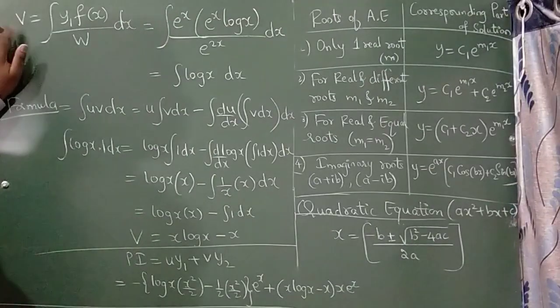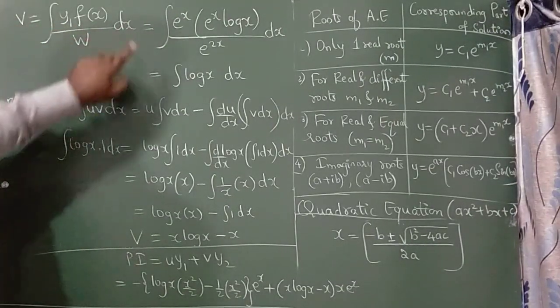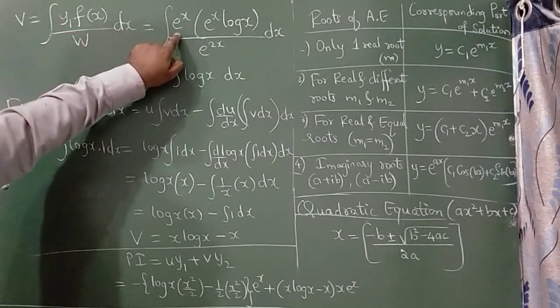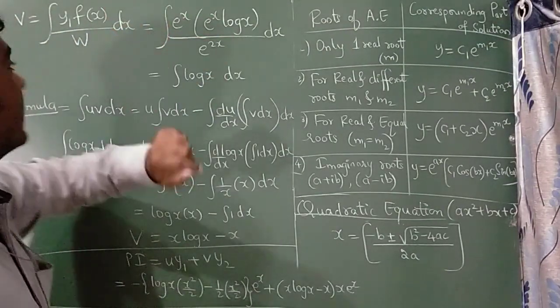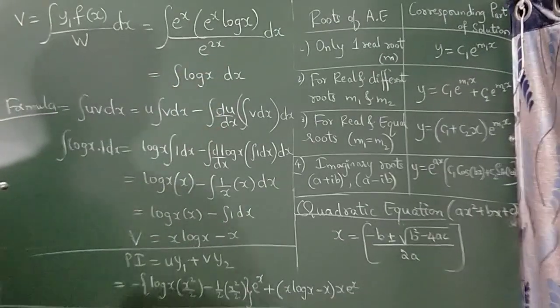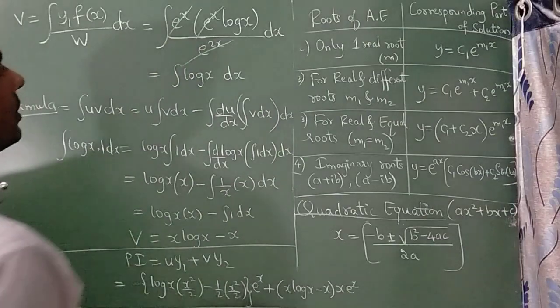Now let's find v. v is equal to integration of y1 f of x divided by w into dx. Now what is y1? e raised to x. What is f of x? It is e raised to x log x from the given question. What is w? It is e raised to 2x. Now e raised to x, e raised to x, there are 2 in the numerator and denominator also, it cancels.